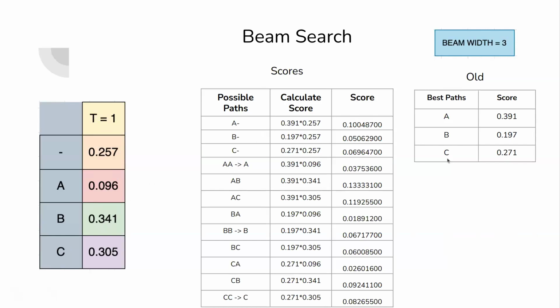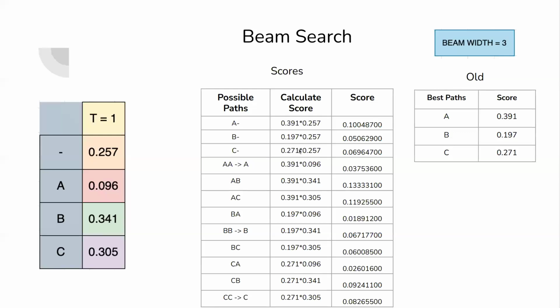Okay, so before, our best paths were A, B, and C. So we would start from A and try to extend A with the predictions at this time instance, and then choose the top 3 again, since we are dealing with a beam width of 3.